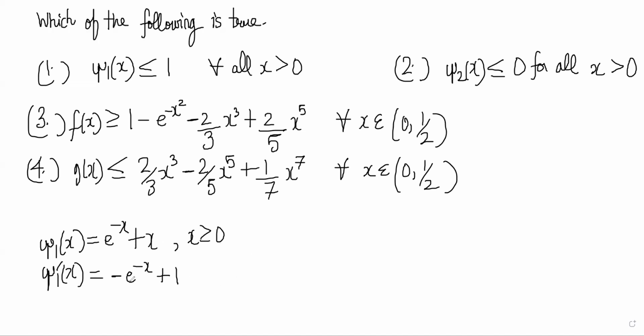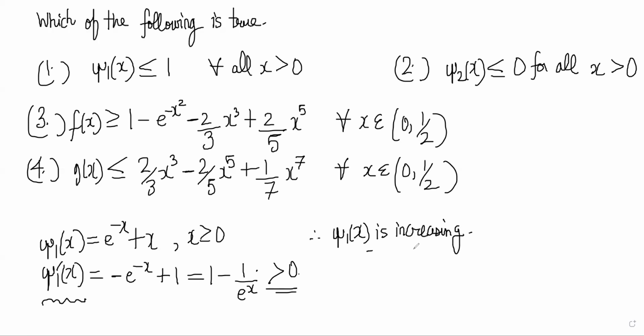If x is positive, this is 1 minus 1 by e power x. So obviously this is greater than 0, right? Psi 1 dash x is coming greater than or equal to 0. Therefore, psi 1 x is increasing.